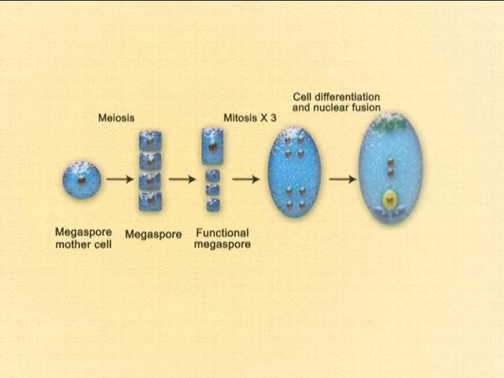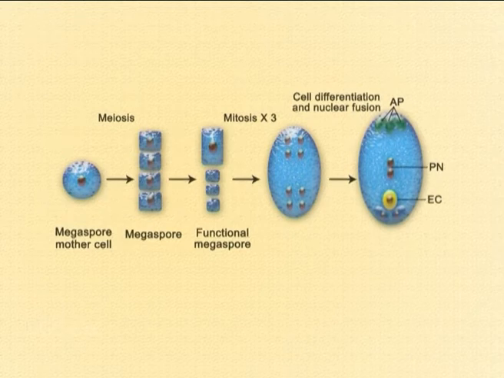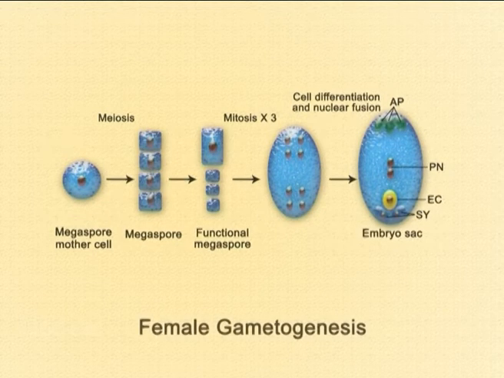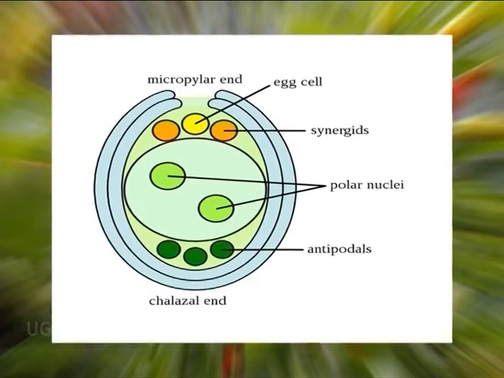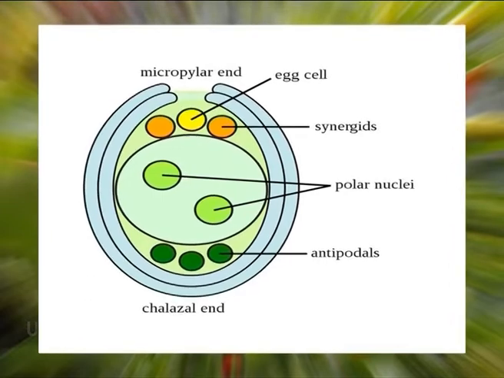These events result in a 7-celled structure consisting of 3 antipodal cells, 1 central cell, 2 synergid cells and 1 egg cell. The monosporic Polygonum-type female gametophyte is typically a 7-celled structure at maturity.